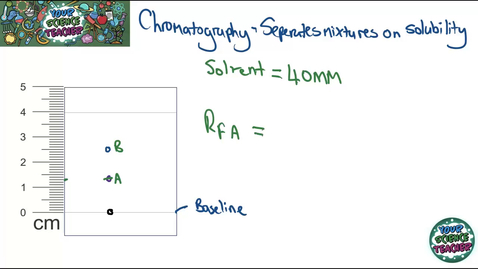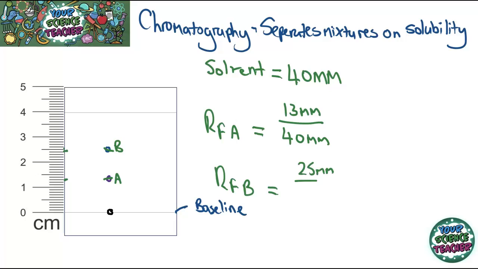So to find the RF value, we'd do 13 millimeters divided by 40 millimeters, and that'll give me the RF value of spot A. Let's do it for spot B as well at the same time. This time it's travelled up here and it's gone 25 millimeters. So 25 millimeters divided by 40 millimeters.